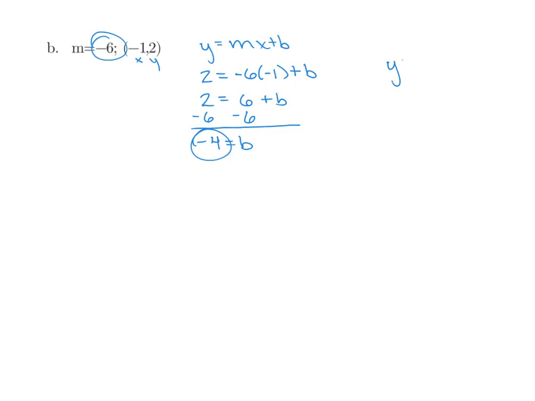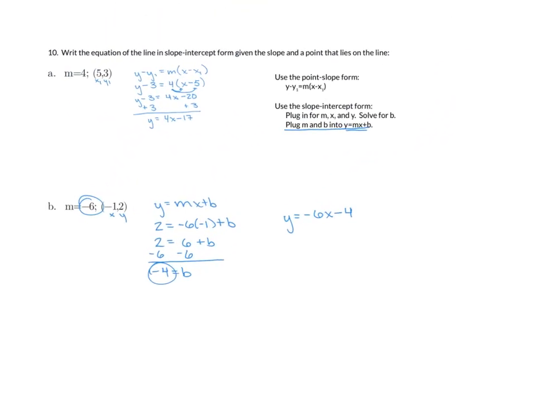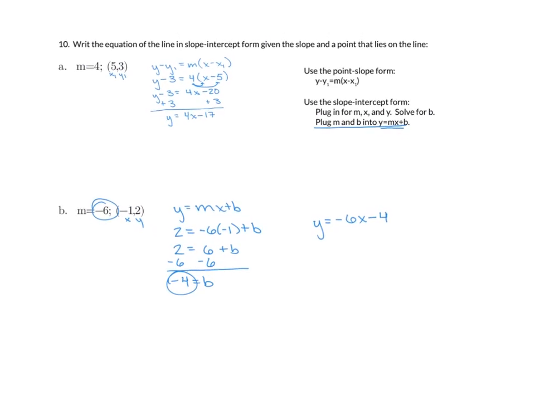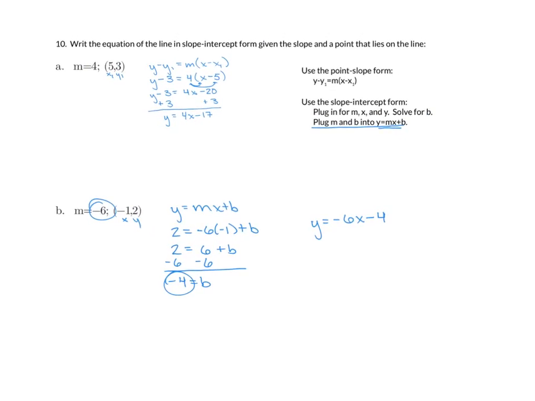So we get y equals negative 6x, our m value is negative 6, minus 4, our b value is negative 4. All right, so that's the second method that you can use on these. So pick which one you like best and try it for the other problem to make sure that you know how to do this.